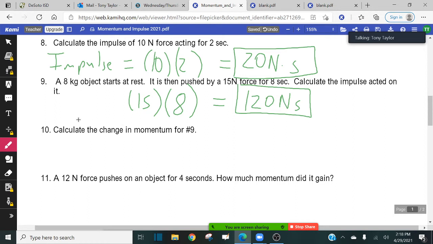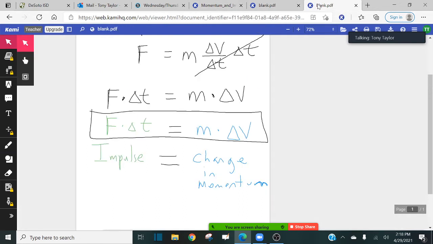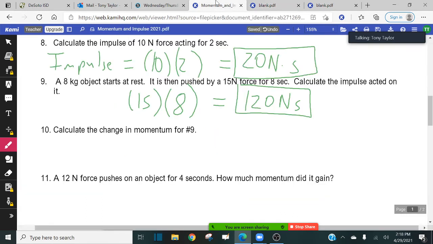Now look at number 10. Number 10 says calculate the change in momentum for number 9. What is this object's change in momentum? Y'all, this is super easy. Remember what I just told you guys. If you know the impulse acting on the object, then you know how much the object will change its momentum. So if the impulse was 120 Newton seconds, guess what?